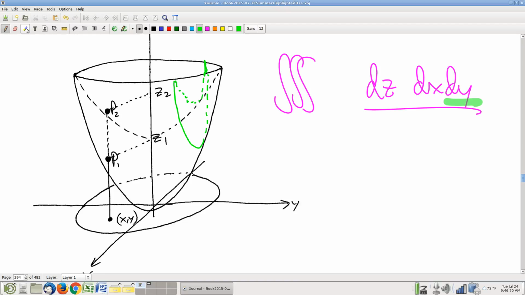Kind of like that, maybe. Right? Everybody kind of see that coming? So, when you slice a paraboloid, the slices are parabolas, and so the top paraboloid will slice to give me that parabola.